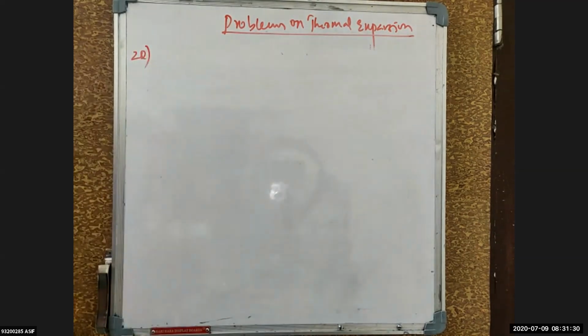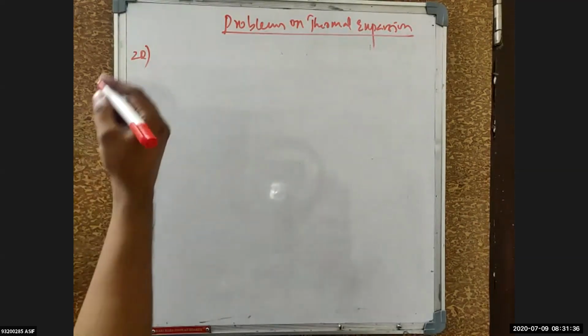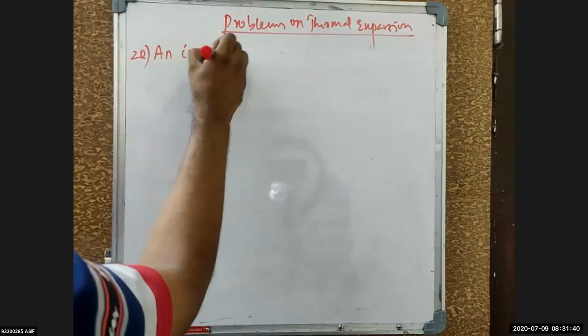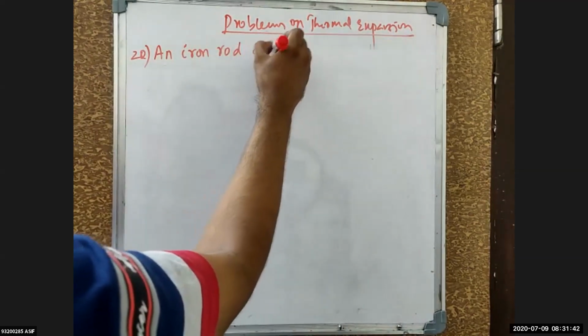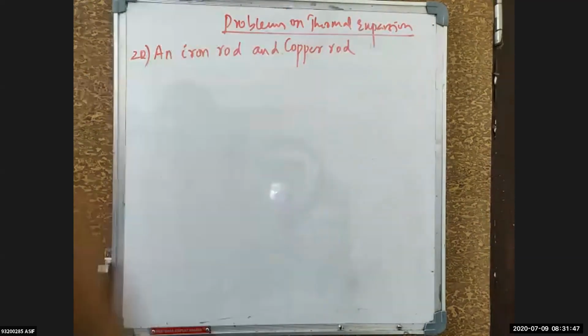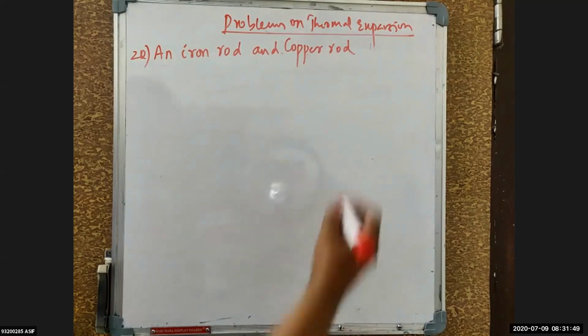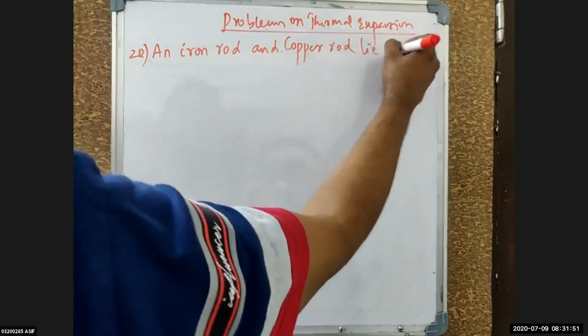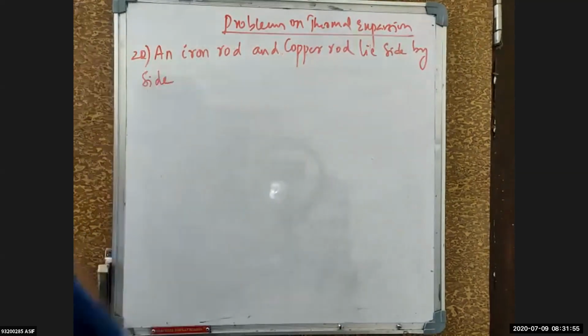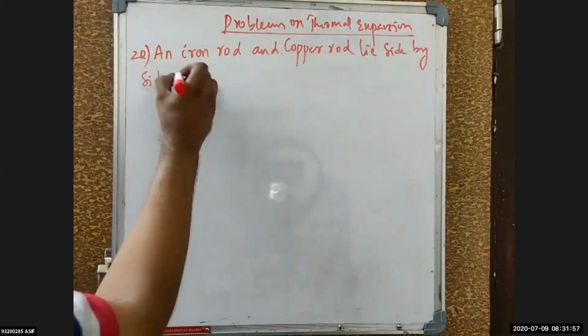Question number 2 says, an iron rod and copper rod lie side by side.